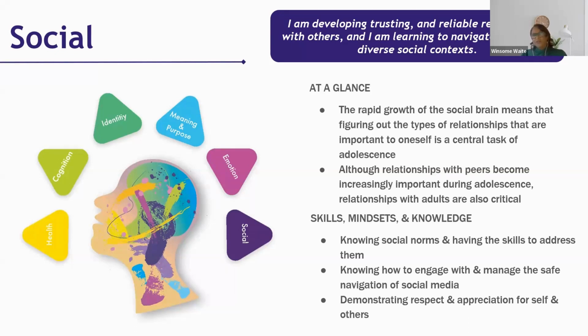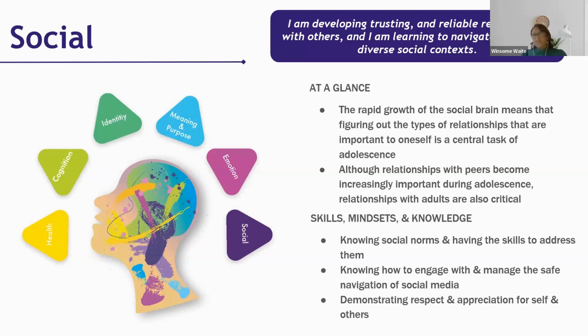These relationships, of course, are around peers, relationships with authority figures, relationships that might lead to romance. All of those are relationships within the social sphere that our young people are dealing with.